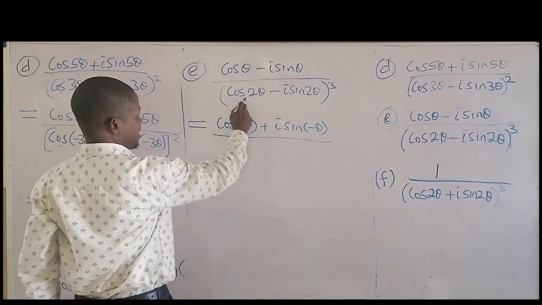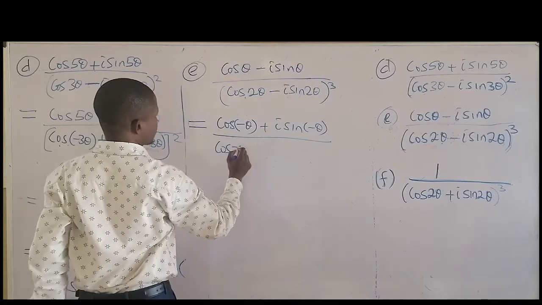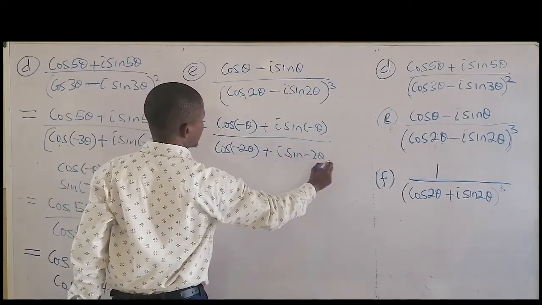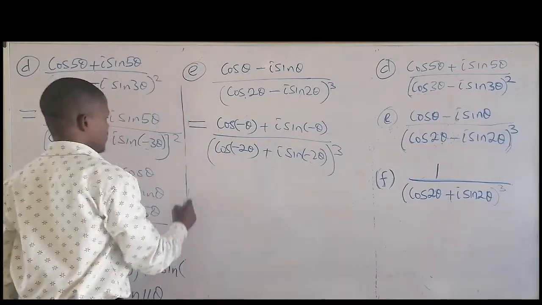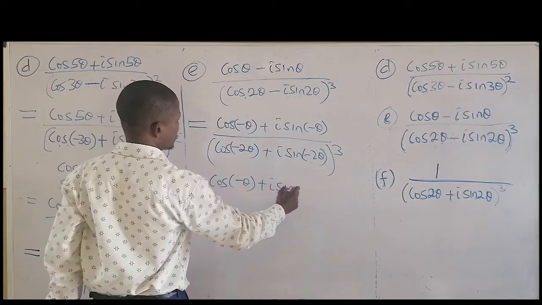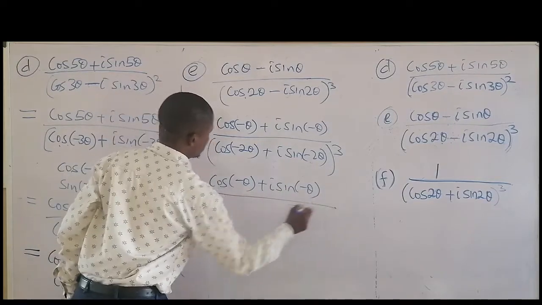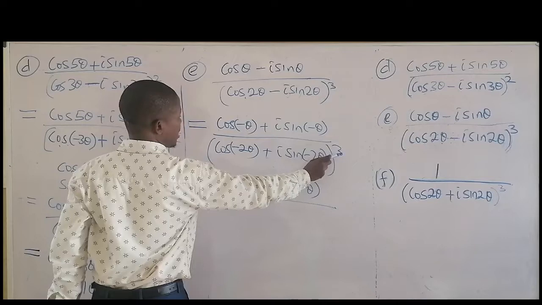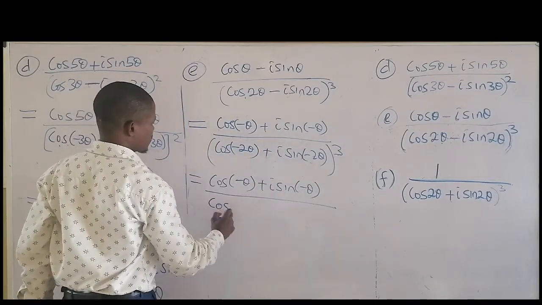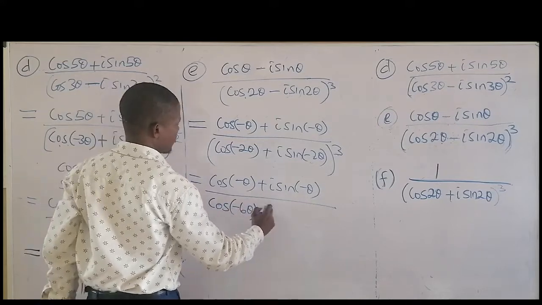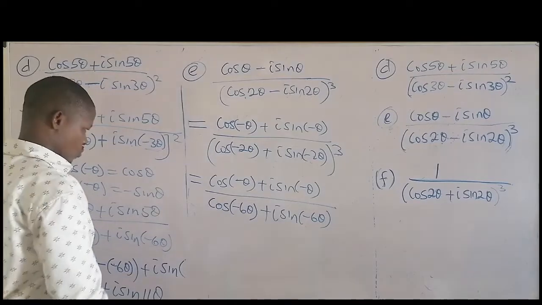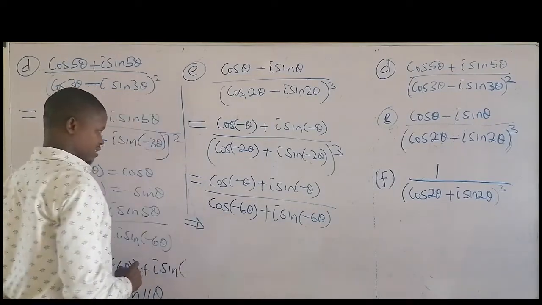Do the same thing also for the denominator, and that will be cos minus 2 theta plus i sine minus 2 theta, and then close your brackets. Then we apply the De Moivre theorem. This will be times 3, this will be times 3. So we have cos minus 6 theta plus i sine minus 6 theta. Then we apply the division rules for complex numbers.